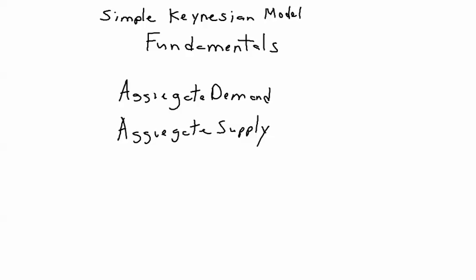So next, they take these concepts of aggregate demand and aggregate supply, and they create three rules, and they go like this. If aggregate demand is equal to aggregate supply, then the economy is in equilibrium.